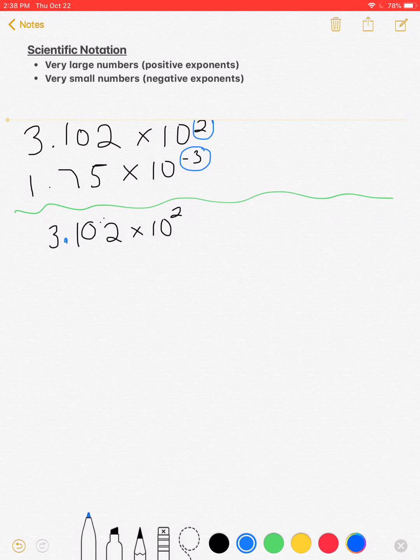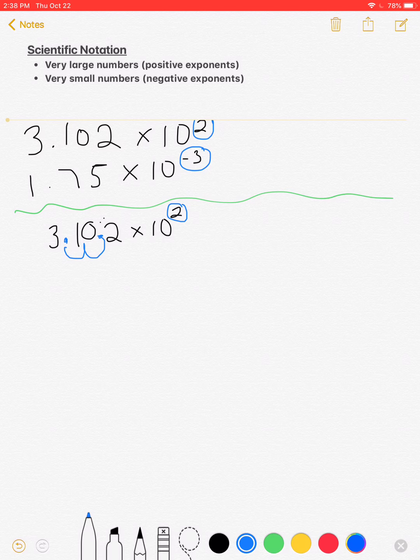Now we're going to look at this exponent here, which is a 2, and since it's a positive 2, I'm going to move my decimal 2 spaces, or two numbers, to the right. So when I'm moving this, I go 1, 2, so 2 places to the right.